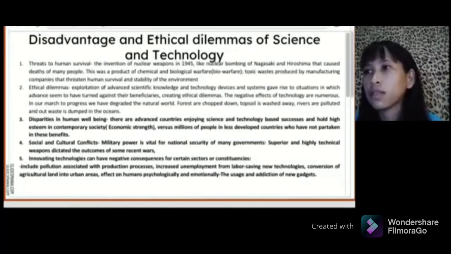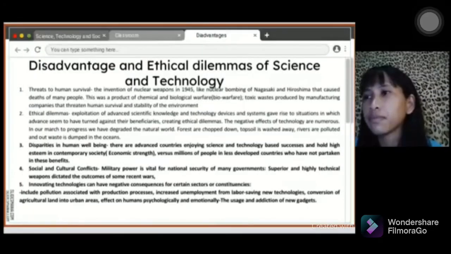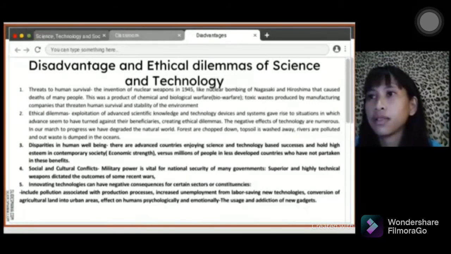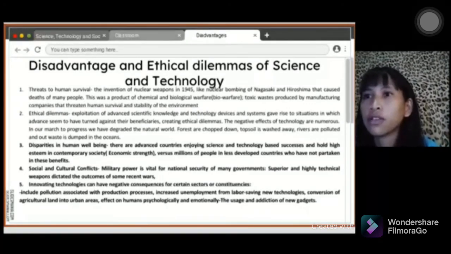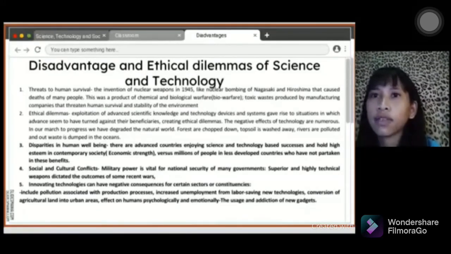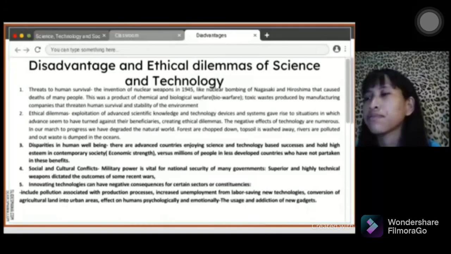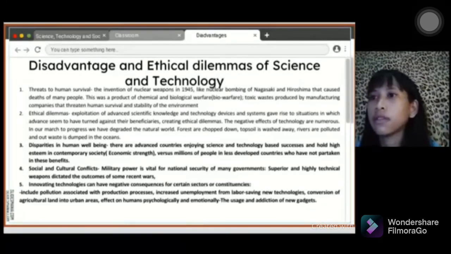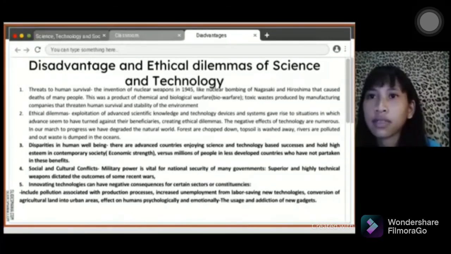Number 2, ethical dilemmas. Exploitation of advanced scientific knowledge and technology devices and systems gives rise to situations in which devices turn into agents rather than beneficiaries, creating ethical dilemmas.